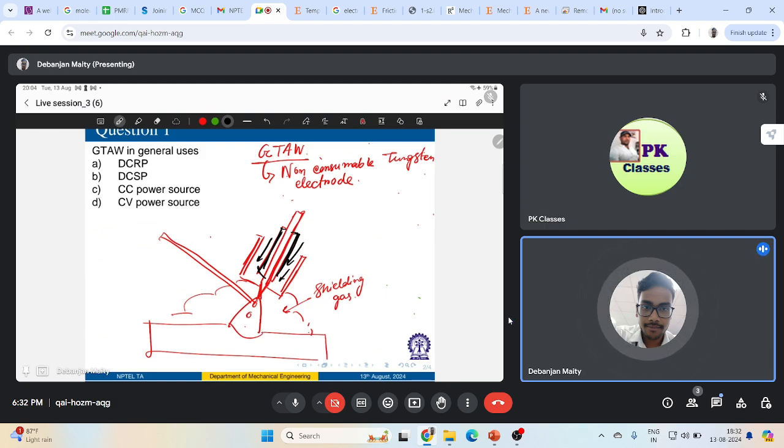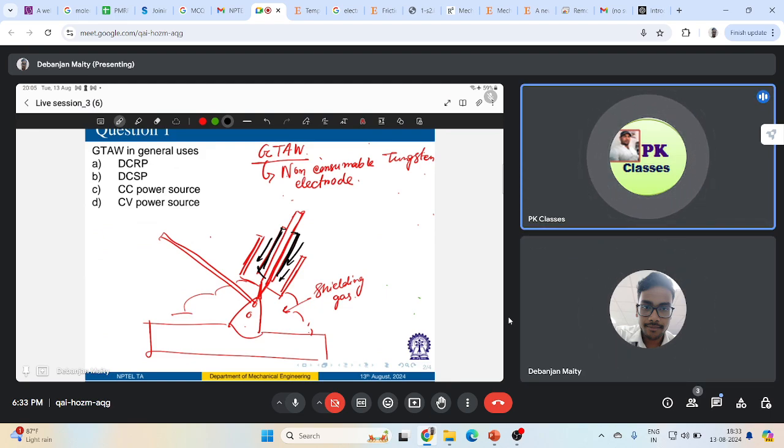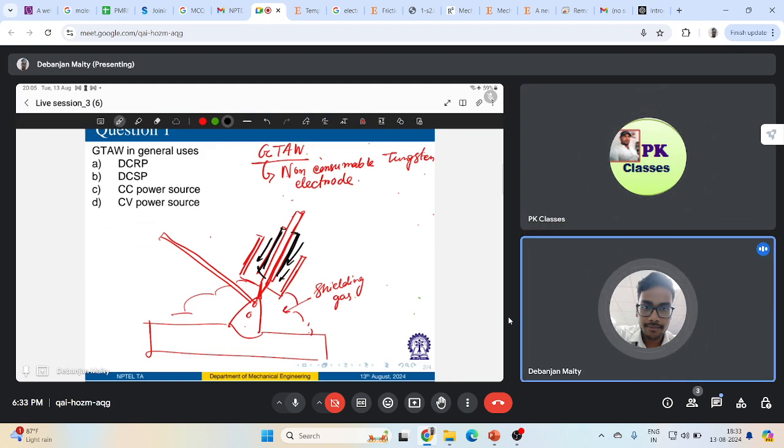So protection from the air is much better than in shielded metal arc welding, because over here an inert gas, as had been discussed in our earlier class also, such as argon or helium, is usually used as shielding gas, and we provide it directly towards the weld pool.